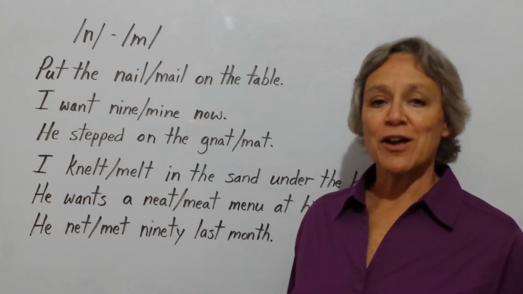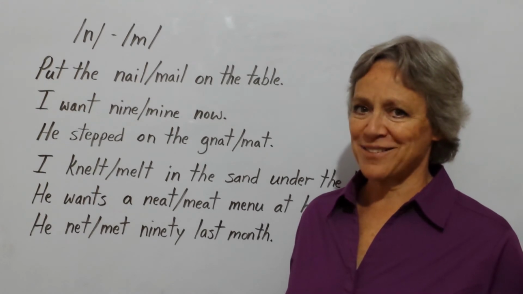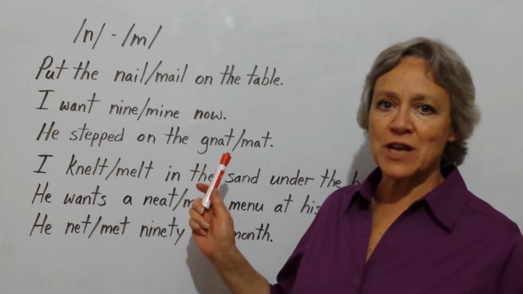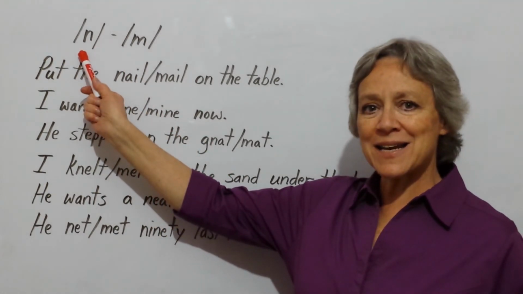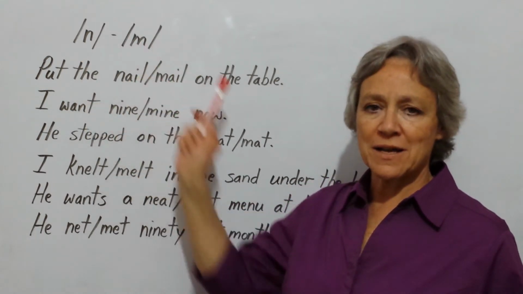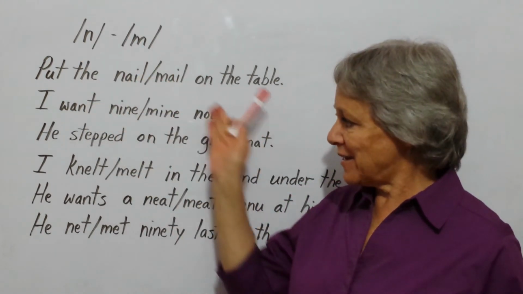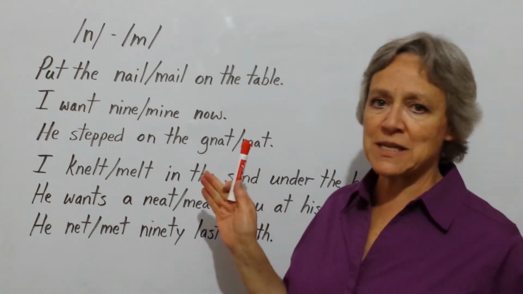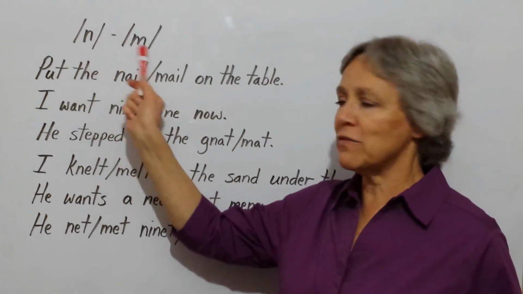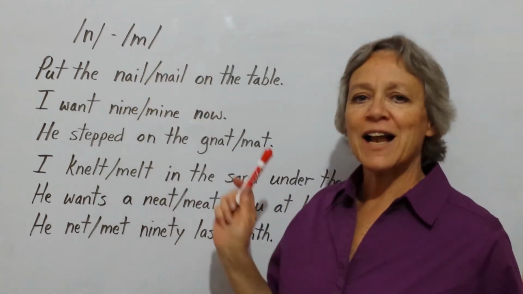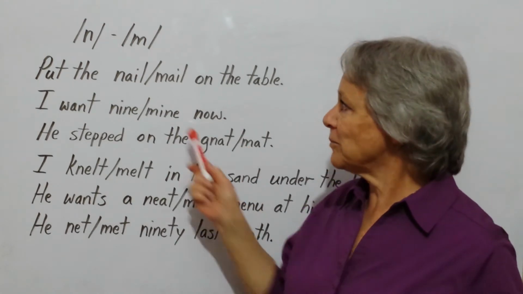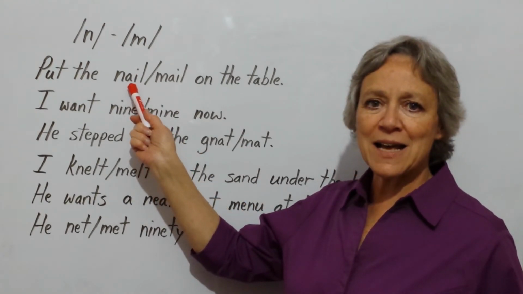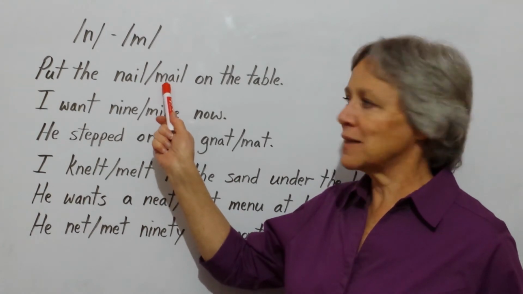Here's the first part of the third and last quiz, okay? This time the words have either the n or m sound, okay? And in this first part of the quiz, the words begin with one of these sounds, okay? Here are the pairs of words. Nail, mail.